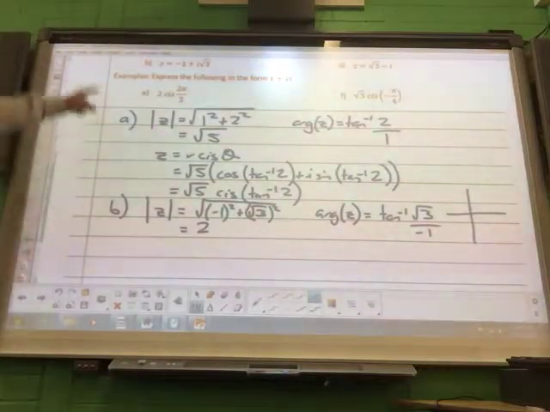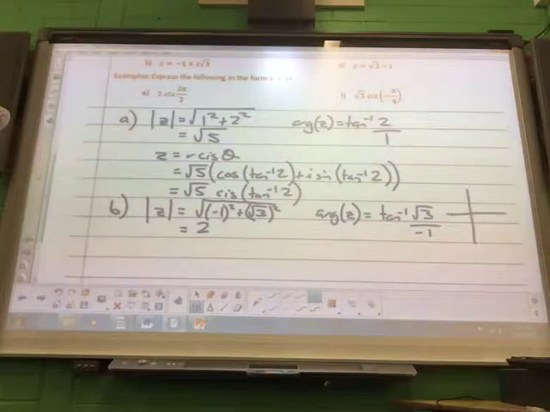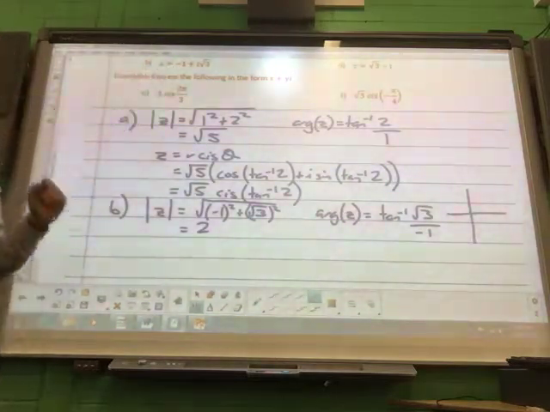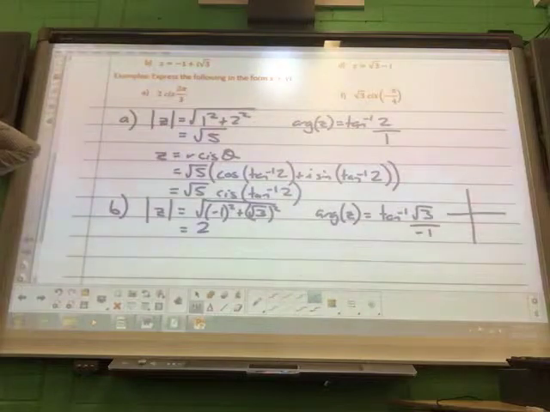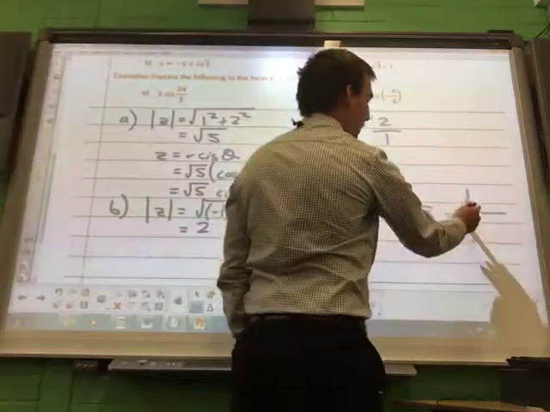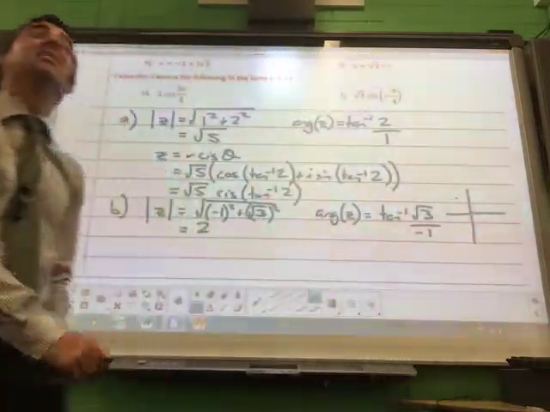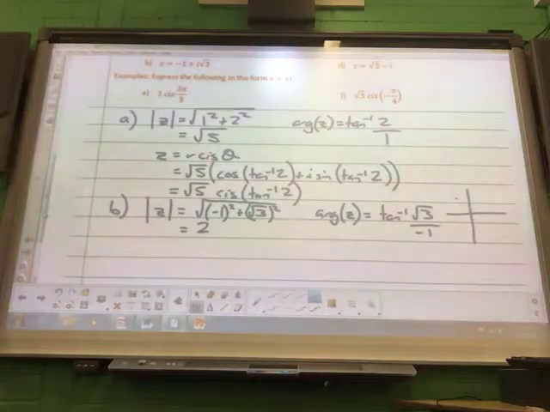So the complex number -1 plus root 3i is in which quadrant? That complex number, which quadrant? -1 plus root 3i is in the second quadrant.